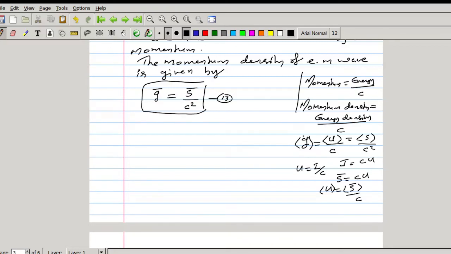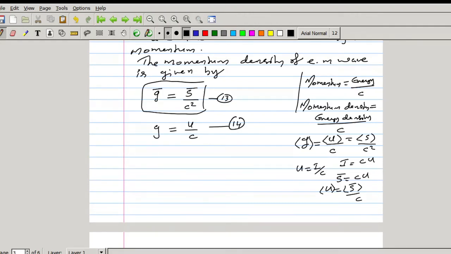If it is the vector G, then it will be vector S by C square. So the momentum density is vector S by C square, and the magnitude of G is U by C.